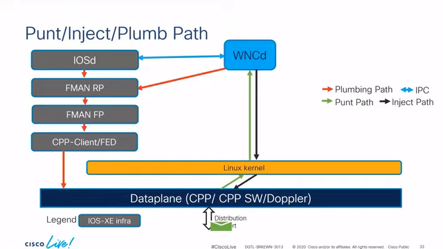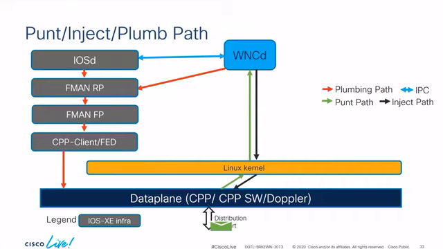Also, the control plane is responsible for ensuring the data plane gets programmed with any entity that the WNCD learns about. So for example, if an AP joins, that AP entry has to get programmed through the various software components down to the data plane so that any AP traffic gets hardware forwarded versus being punted up to the CPU.